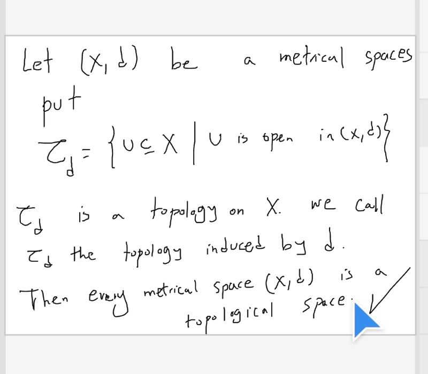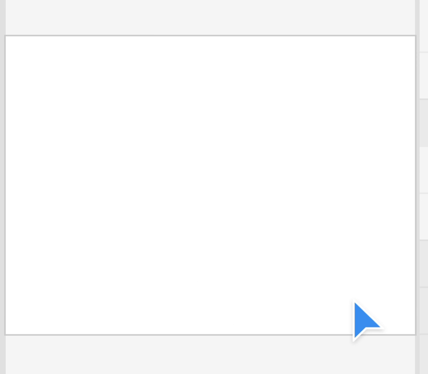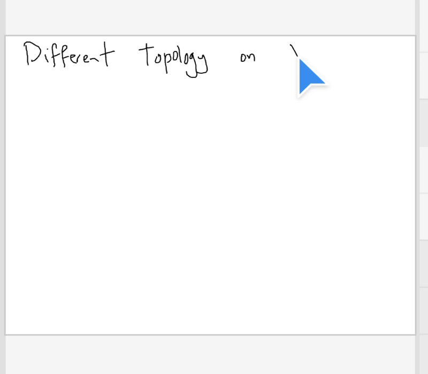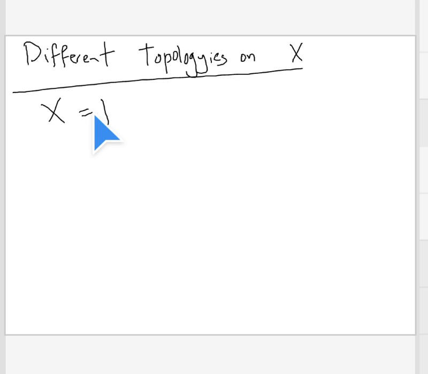I give you an interesting note: different topologies on X. For example, let X be R, the real numbers.